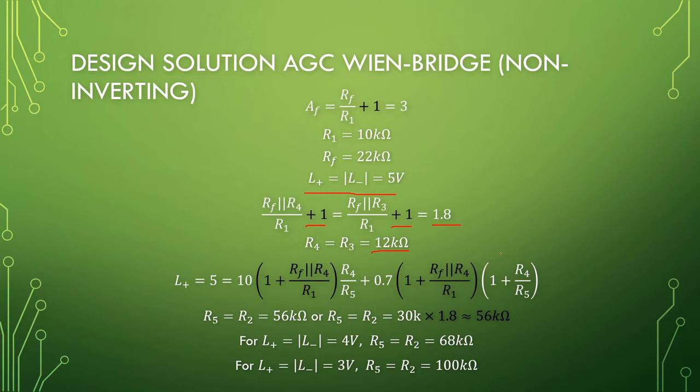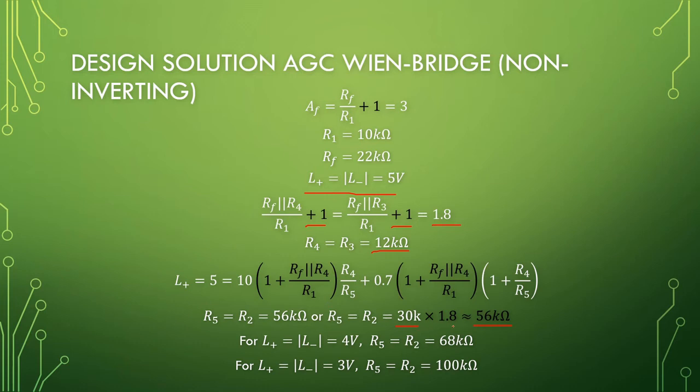Adding the gain and the 12 kilo ohms in here, R5 and R2 will end up to be 56 kilo ohms. If you just take the normal approach of designing the inverting kind, you will end up with 50 kilo ohms.